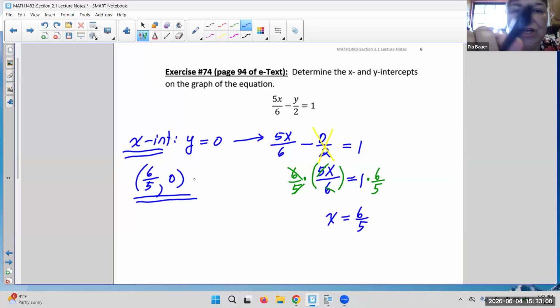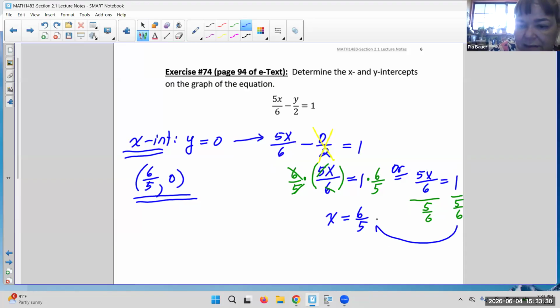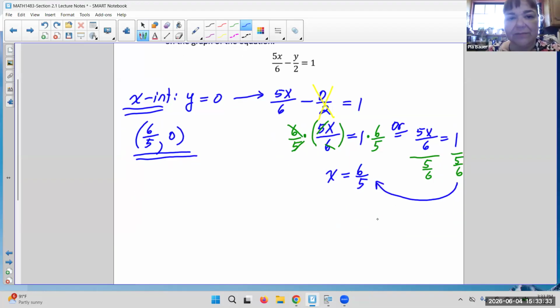Now, if you think of dividing by 5/6, that's also correct. And you could actually use the calculator to do your operations. But 1 divided by 5/6 is going to give you back the 6/5 that you see there.